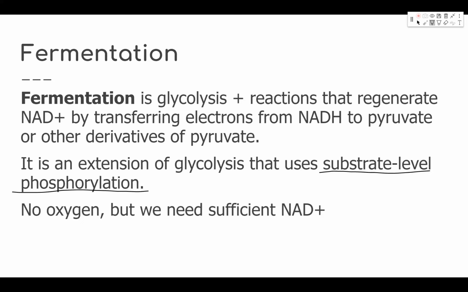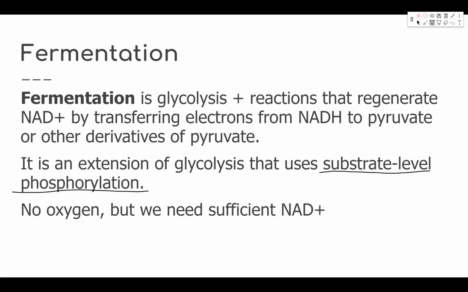Fermentation uses substrate level phosphorylation, and this is how we generate ATP. Our cells don't need oxygen to carry out fermentation, but they do need sufficient NAD+ in order to generate the NADH.